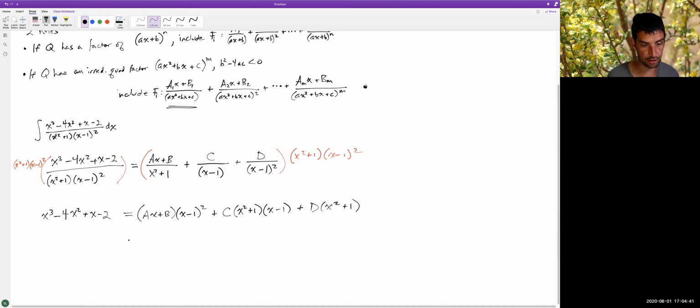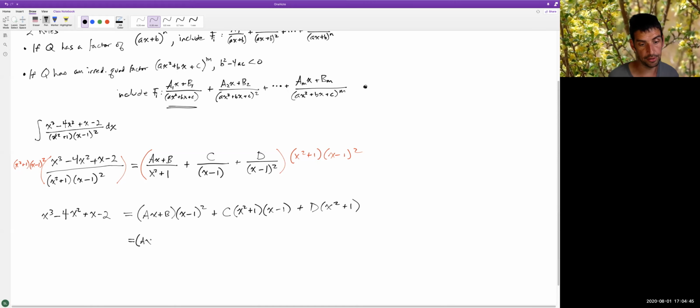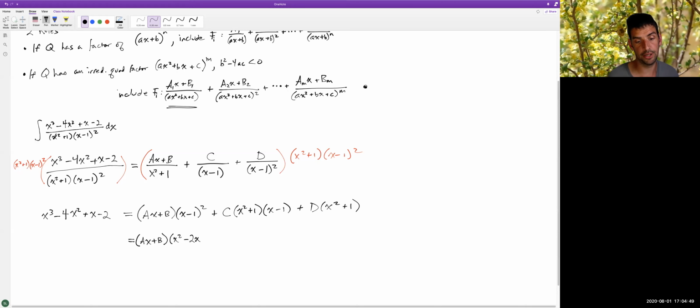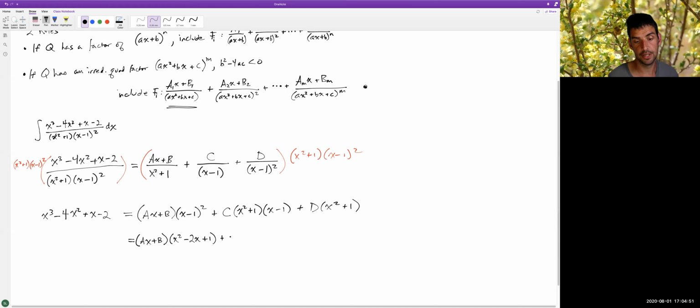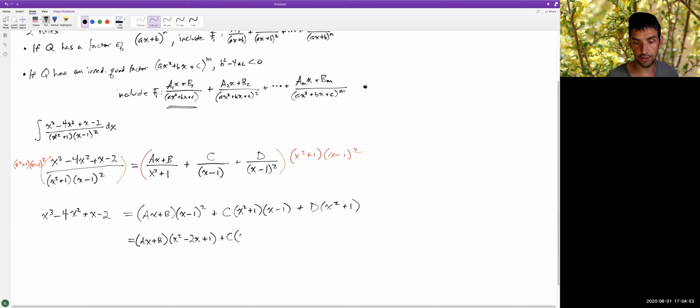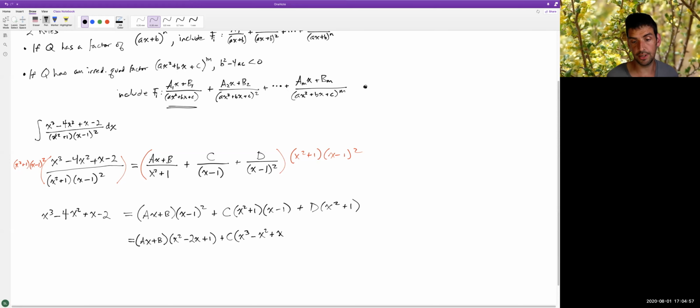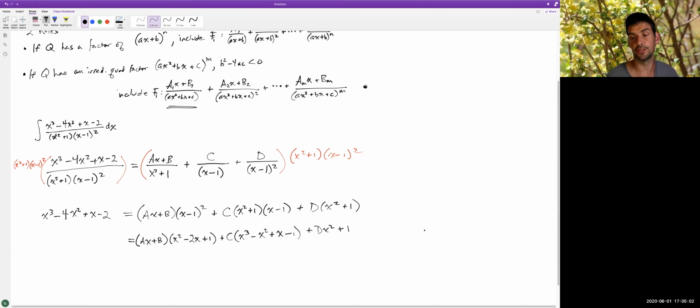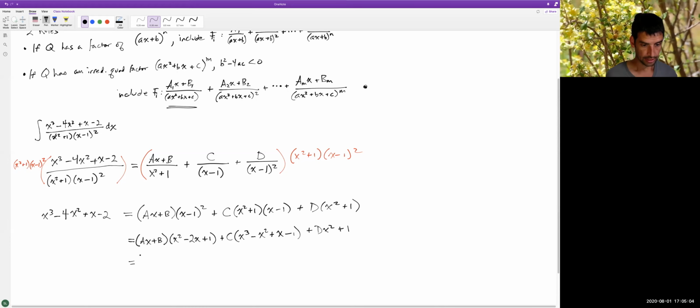Okay. All right, now we're going to do a mess of algebra. So first thing I'm going to do is just expand everything over here on the right side. So leave this for now. x minus 1 squared is x squared minus 2x plus 1. x cubed minus x squared plus x minus 1 plus d times x squared plus 1. Let's keep going.